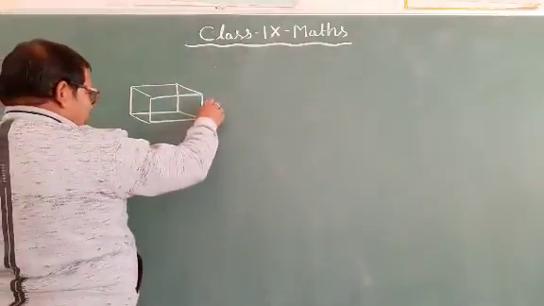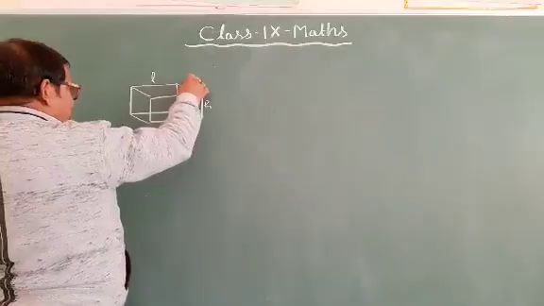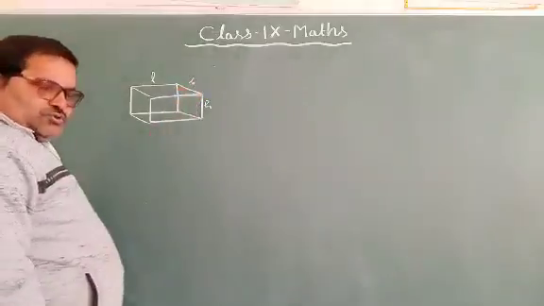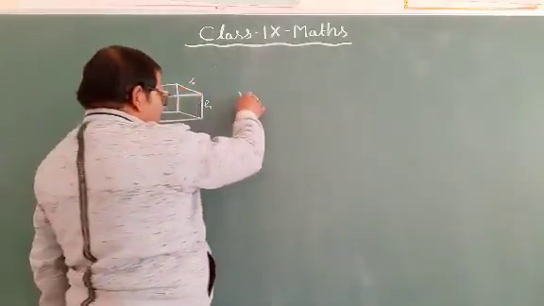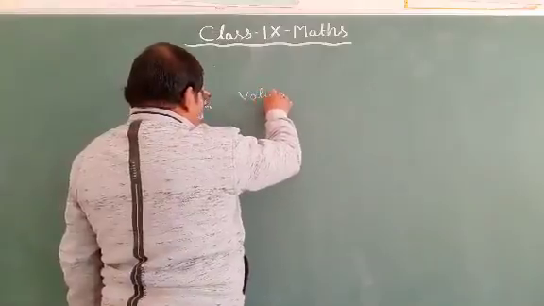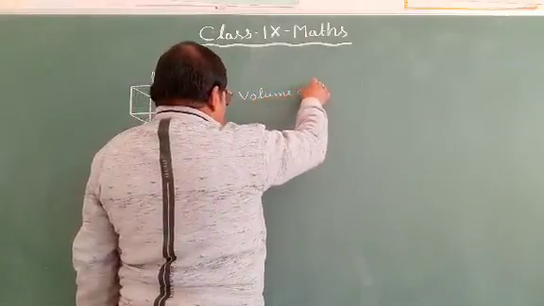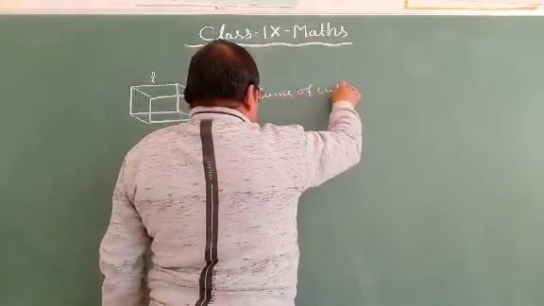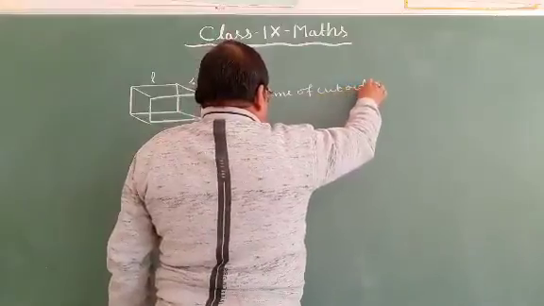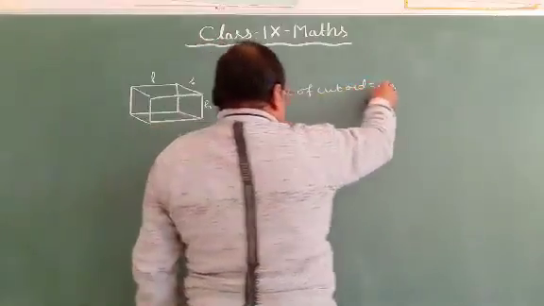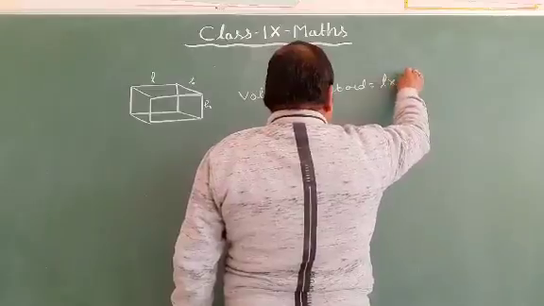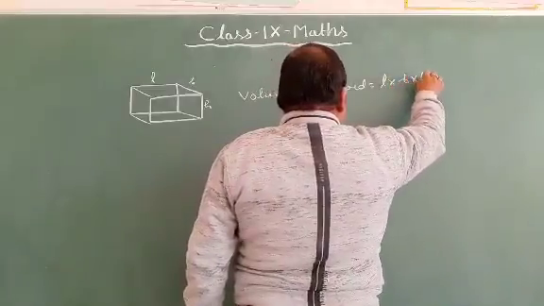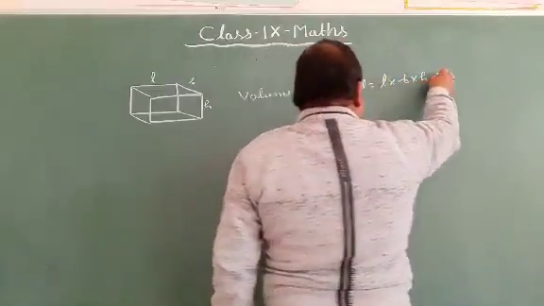So the volume of a cuboid is equal to length into breadth into height, unit cube.